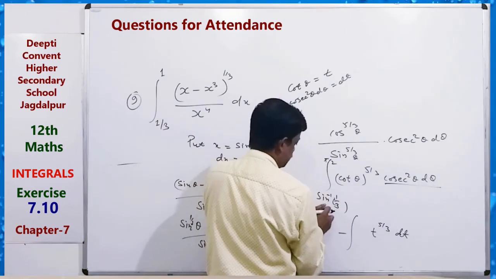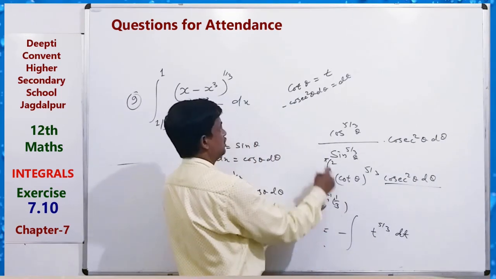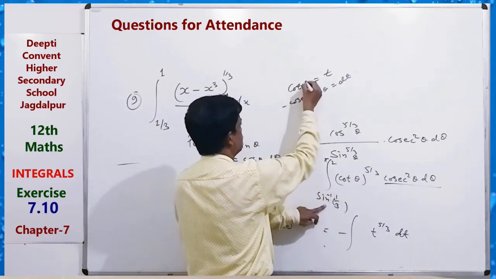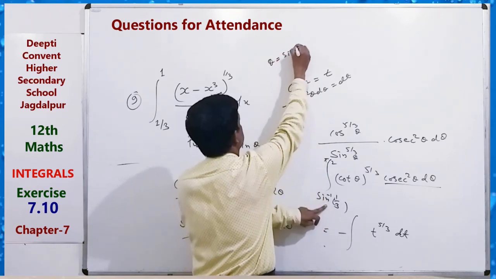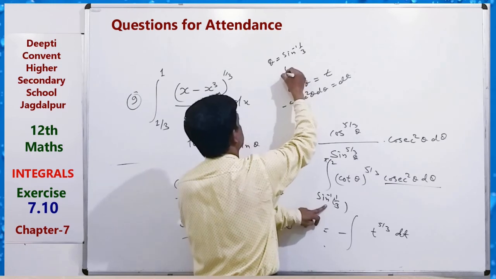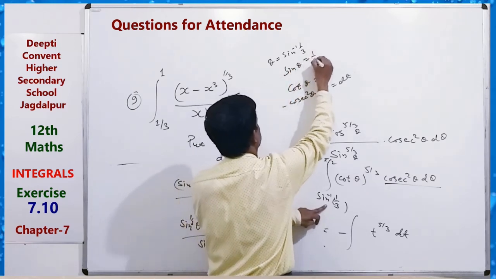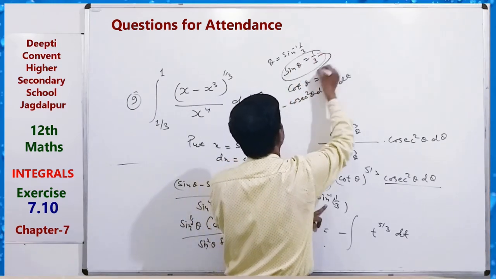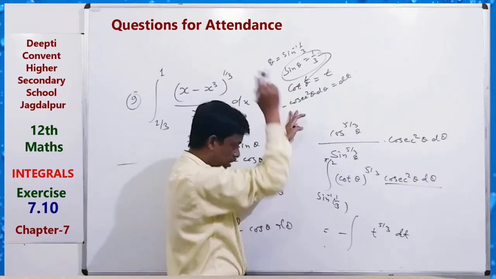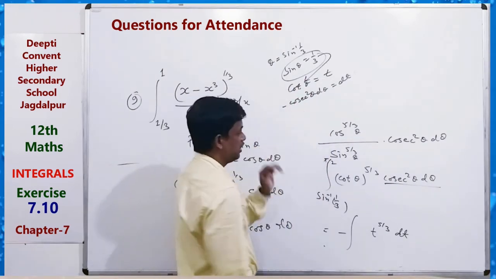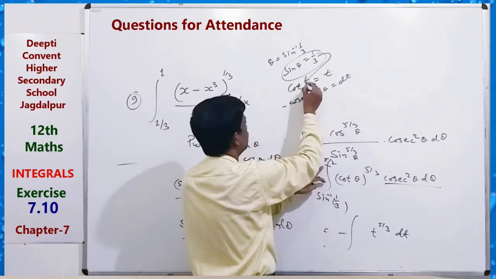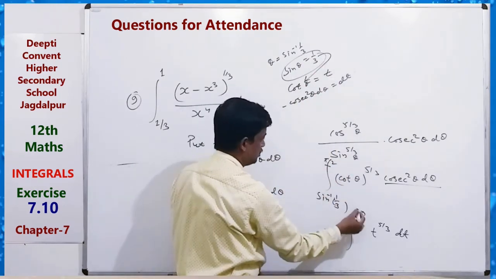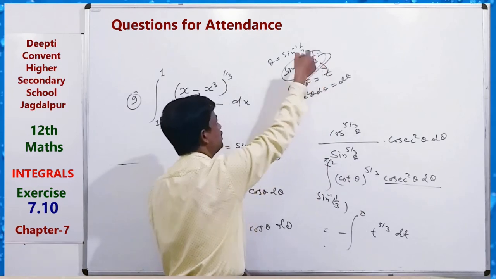When theta equals sin inverse 1/3, that means sin theta equals 1/3. When sin theta equals 1/3, then cot theta is the limit. Now, if theta equals pi/2, then t equals 0. So you have to find the value from here.